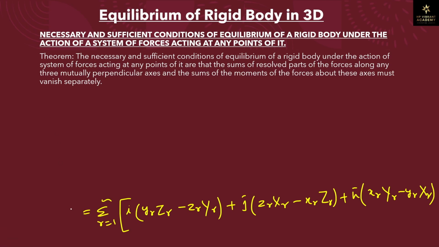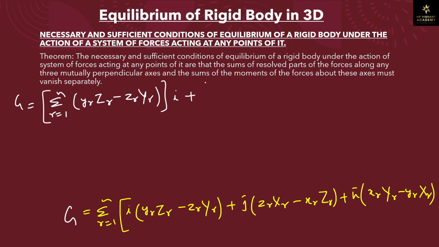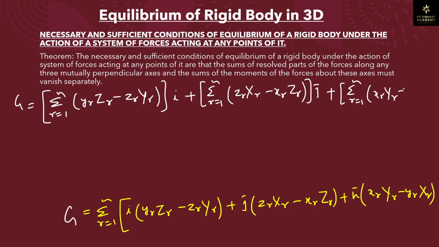Let us say this is the value of G. So G is equal to the summation R is equal to 1 to N of (YR ZR minus ZR YR) I cap, plus the summation R is equal to 1 to N of (ZR capital XR minus XR ZR) J cap, plus the summation R is equal to 1 to N of (XR capital YR minus YR capital XR) K cap.